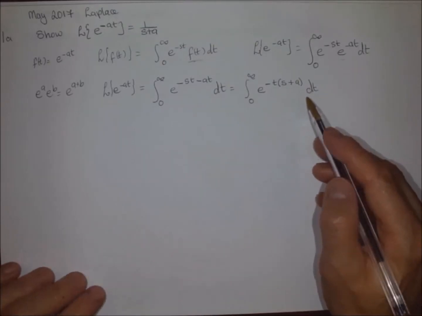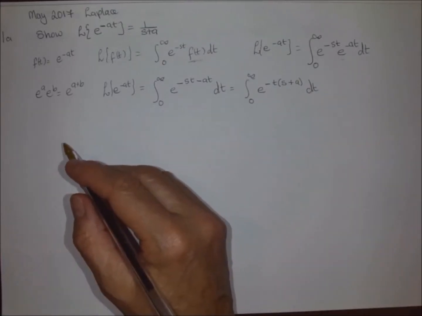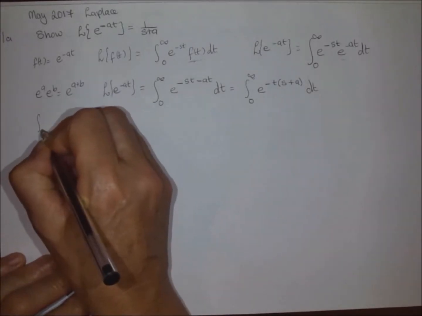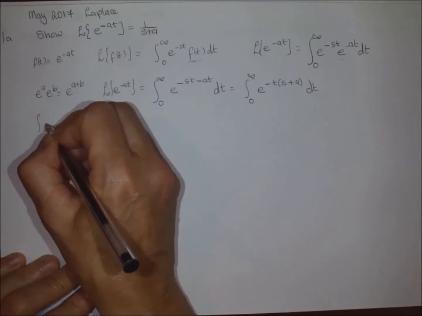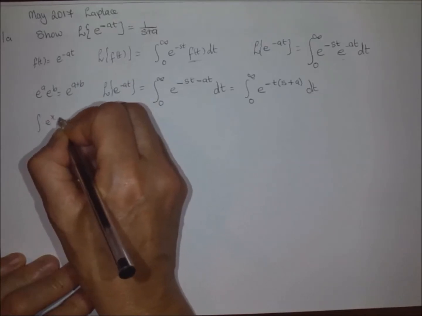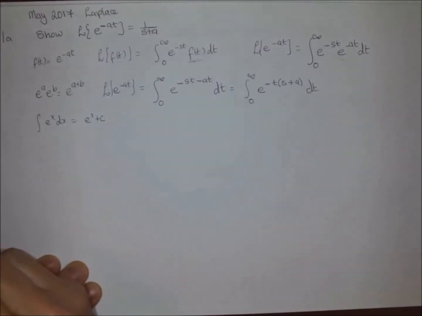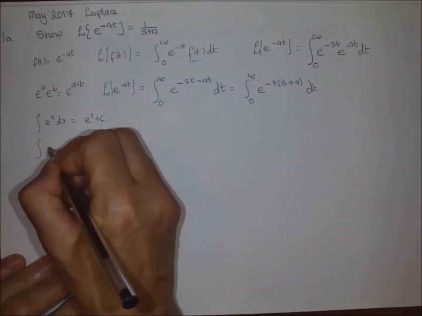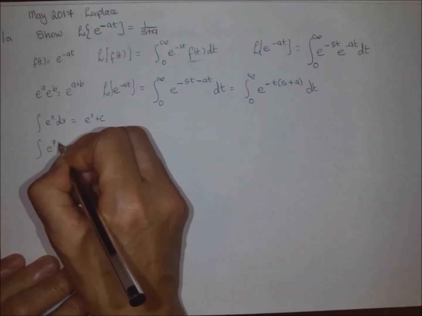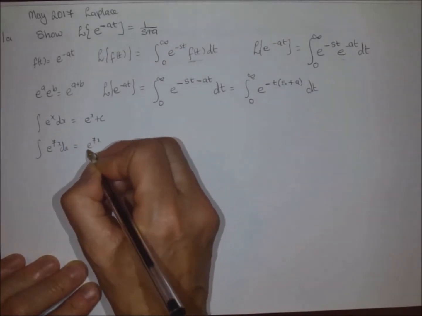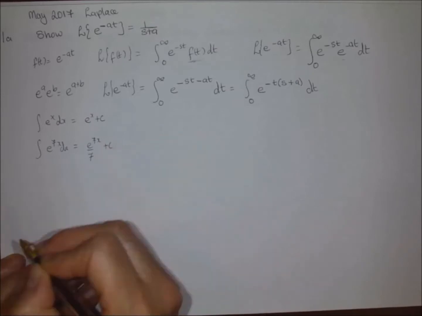Some of the basic rules of integration are: if you have to integrate, forget about the limits for now, e to the x dx, your answer is e to the x plus c. That's in the tables. If you have to integrate e to the 7x dx, your answer is e to the 7x over 7 plus c.